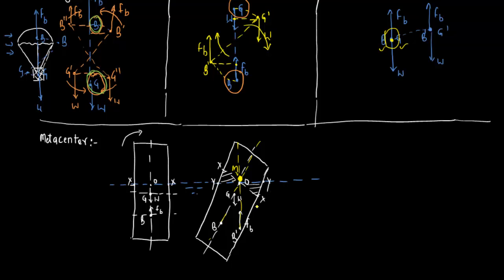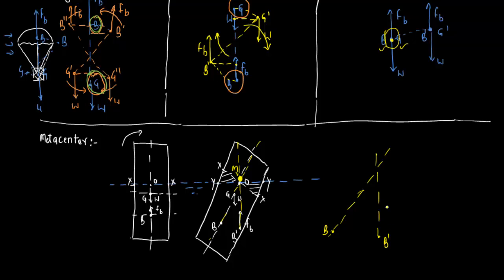So what is metacenter? If I say this is the line of action of buoyant force before the displacement or before the disturbance, and this is the new line of action of buoyant force after the disturbance, so this was the B, this is the B dash.